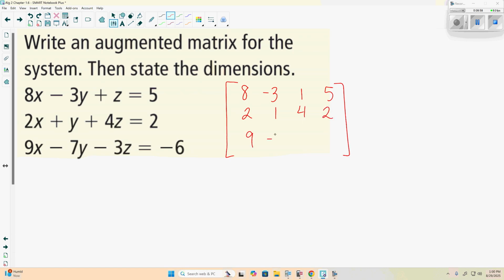And our last one would be 9, negative 7, negative 3, negative 6. And what would the dimensions of this matrix C be? 3 by 4. We have 3 rows and 4 columns.